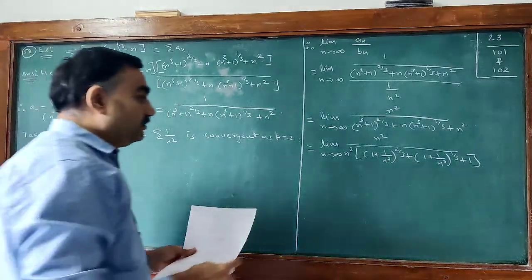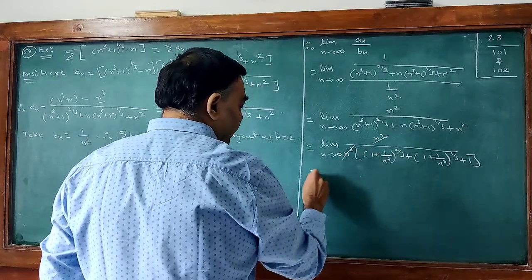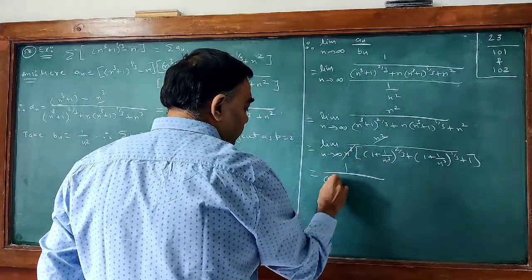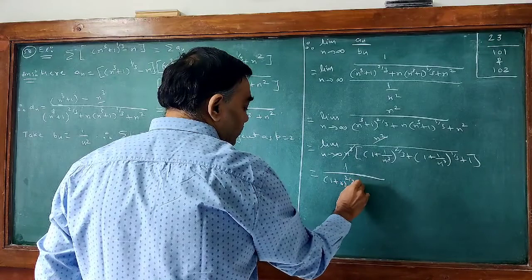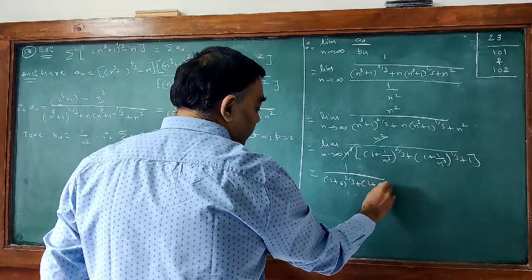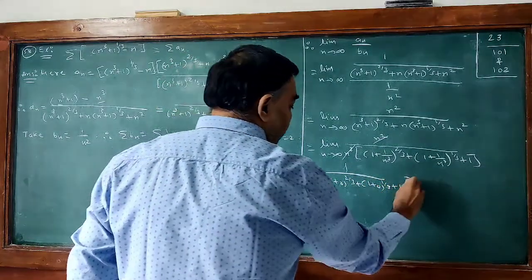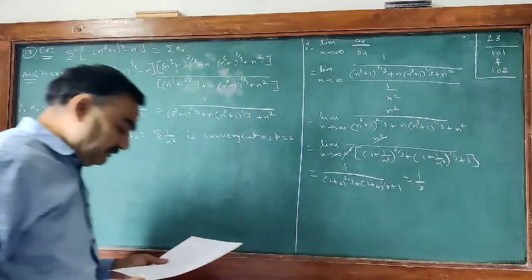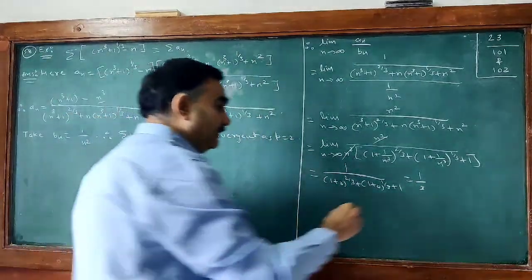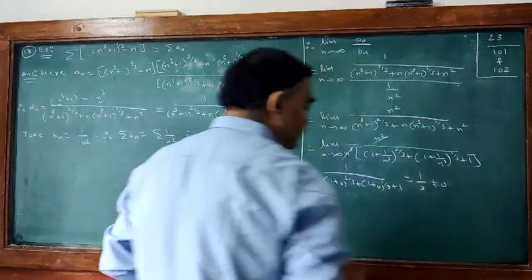So n square will be cancelled. So it is 1 upon 1 plus 0 to the power 2 by 3, 1 plus 0 to the power 1 by 3, plus 1. So this is 1 by 3, not equal to 0.